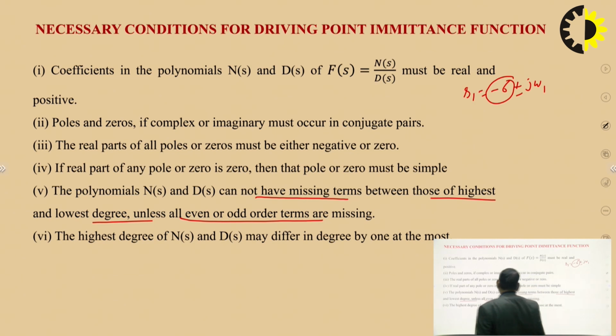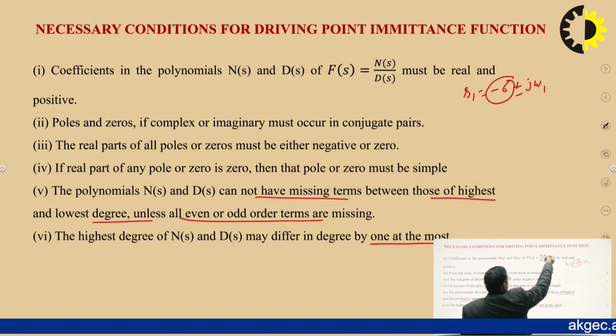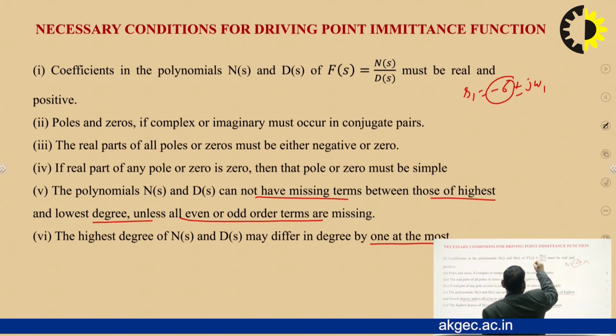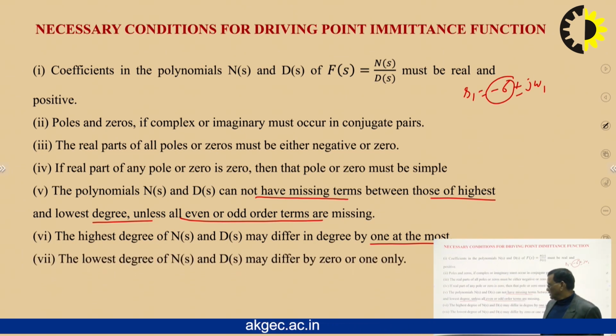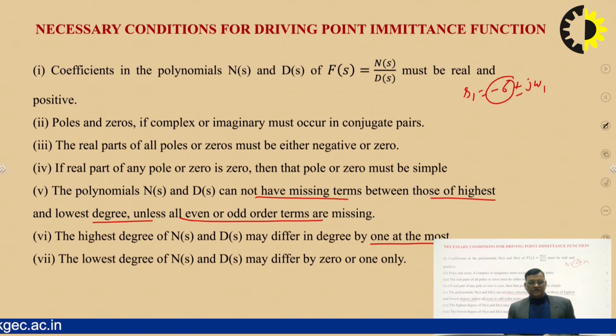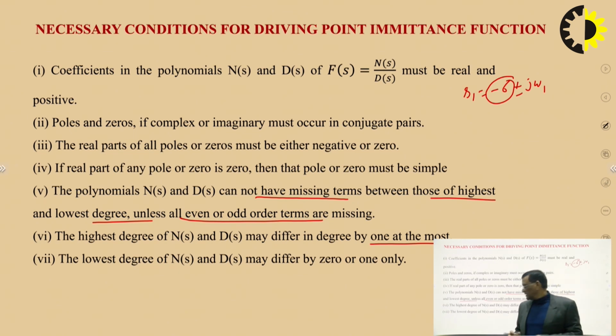Sixth, the highest degrees of N(s) and D(s) may differ by 1 at the most. The lowest degrees of N(s) and D(s) may differ by 0 or 1. So if the degree of the numerator polynomial is m and the degree of the denominator polynomial is n, then m minus n can be 1 at the most.